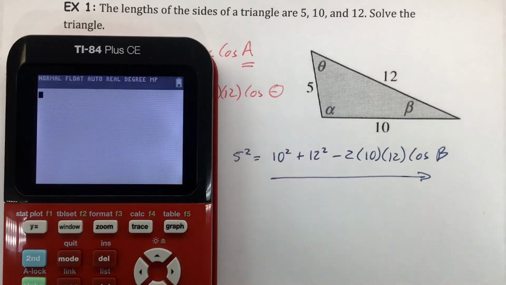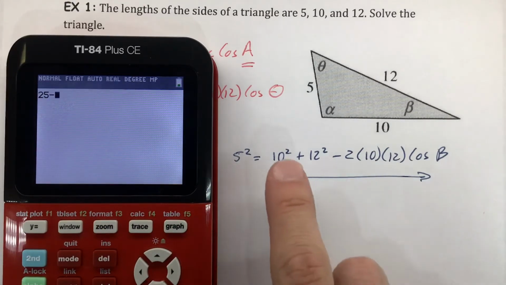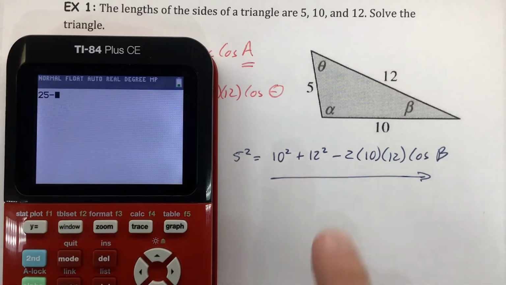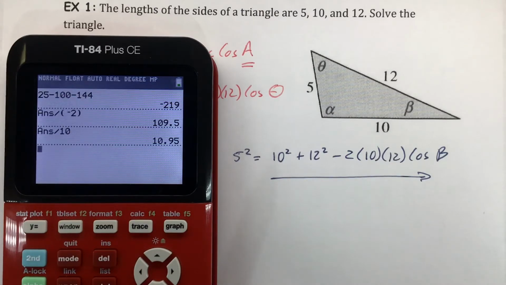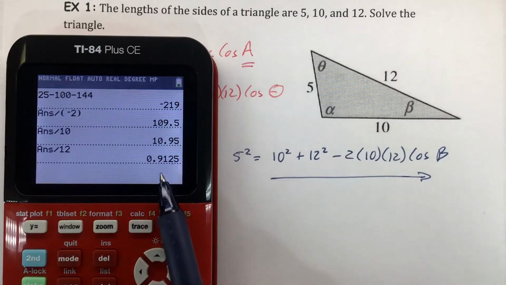So I'd start with 5 squared, which is 25. Going to subtract 10 squared and also subtract 12 squared, so subtract 100. Subtract 144. I get that number. I'm going to divide by -2. Okay, divide by 10 and then divide by 12. Like that, and then again, you can see here right before I do my arc cosine, I'm going to have a number that is less than 1.